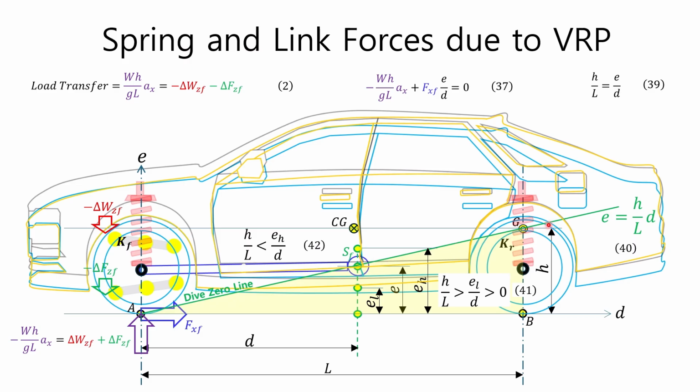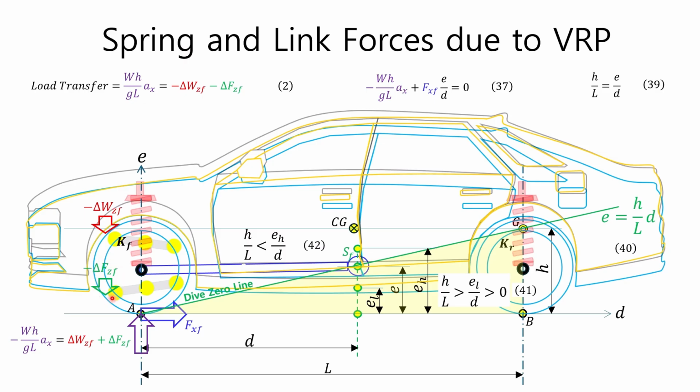In the yellow area of the figure, the pitch geometry can be expressed using inequality notation as in equation 41. In equation 41, as the height, EL, of the virtual reaction point, SF, increases, the absolute value of the force, delta FZF, on the suspension links, with the braking wheels increases.